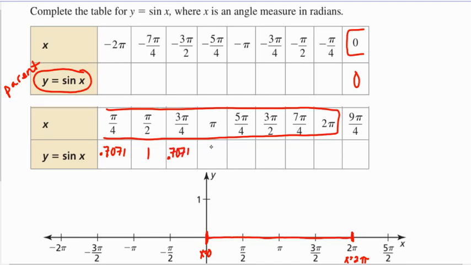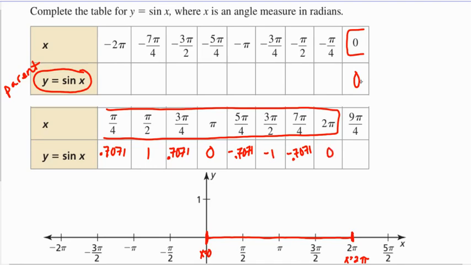The sine of pi is going to be 0. The sine of 5 pi over 4 is going to be -0.7071. And you may notice a pattern already. The sine of 3 pi over 2 is going to be -1. The sine of 7 pi over 4 is going to be -0.7071. The sine of 2 pi is going to be back to 0.